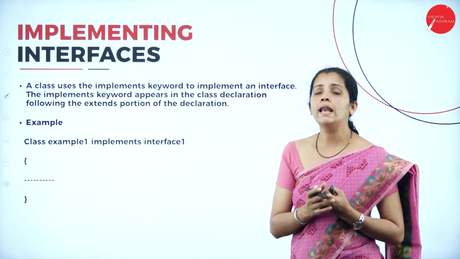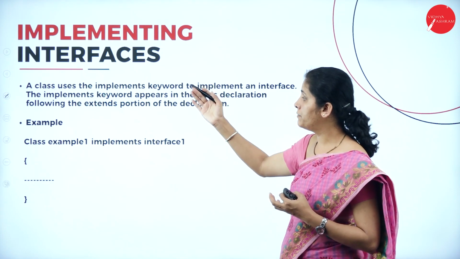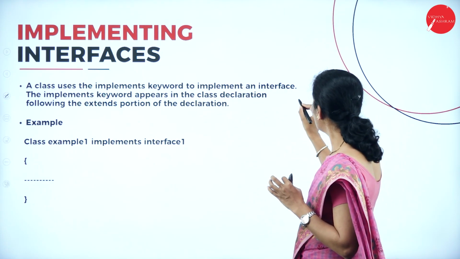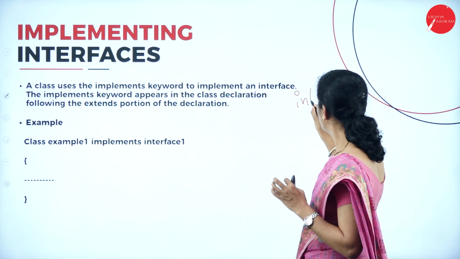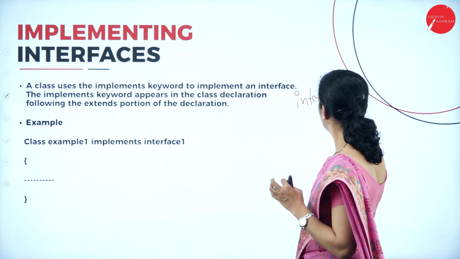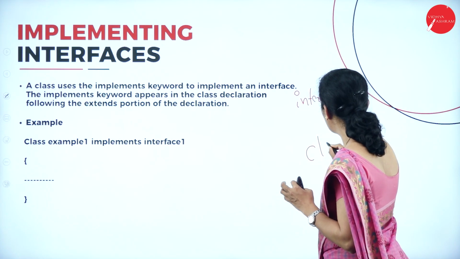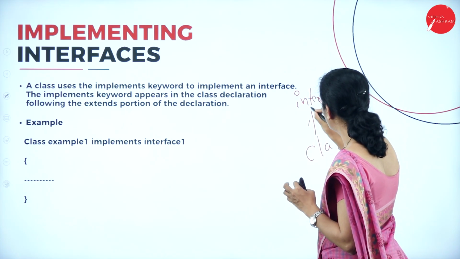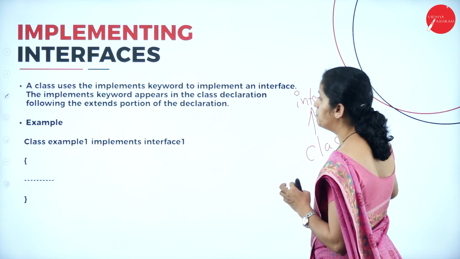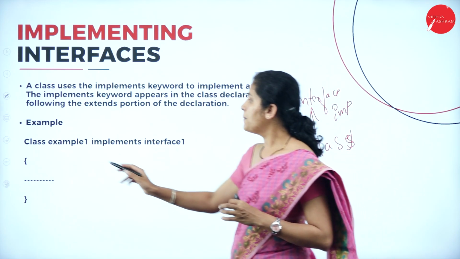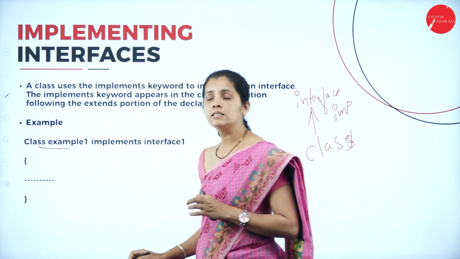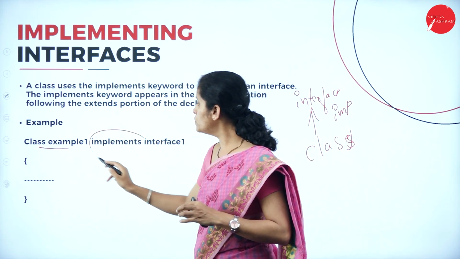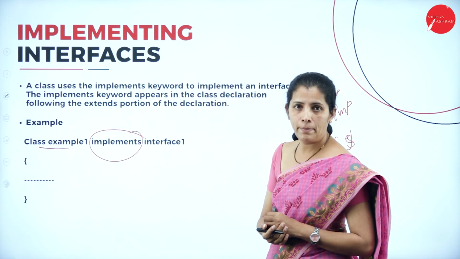Now, how can I implement an interface? So, dear student, please remember here, when I'm having an interface and a class, at that time I want to use the keyword implements. See here, I'm having a class, then I'm having an interface. At that time, I'm going to use the keyword implements.